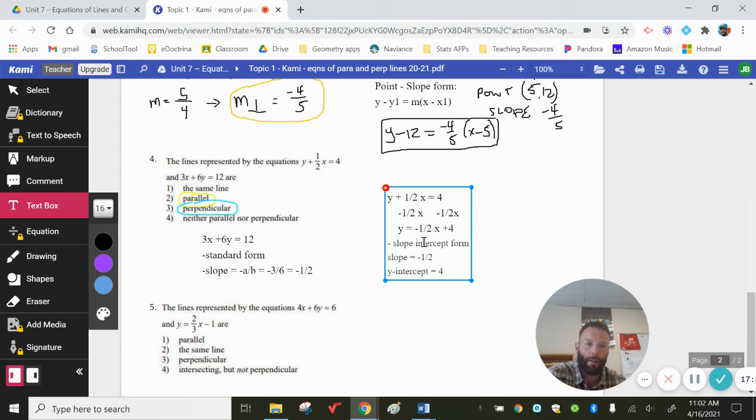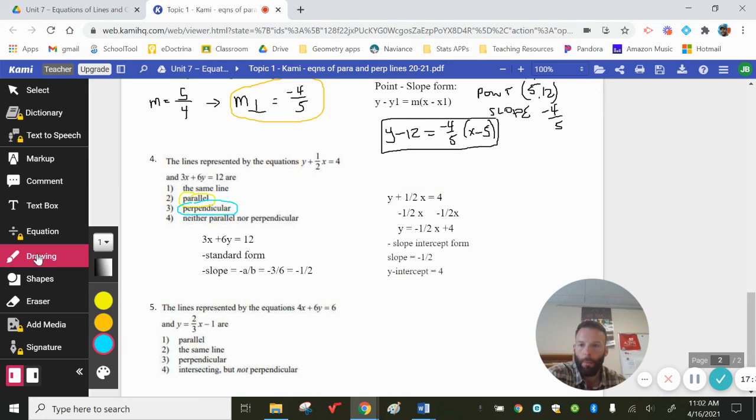Since it's in slope intercept form, I know the slope of that line is negative 1/2 and the y-intercept is positive 4. But to answer my question, I need to compare it with the given line 3x plus 6y equals 12, which has a slope of negative 1/2. And over here, I found out also the slope was negative 1/2. So again, we have lines that must be parallel to each other.